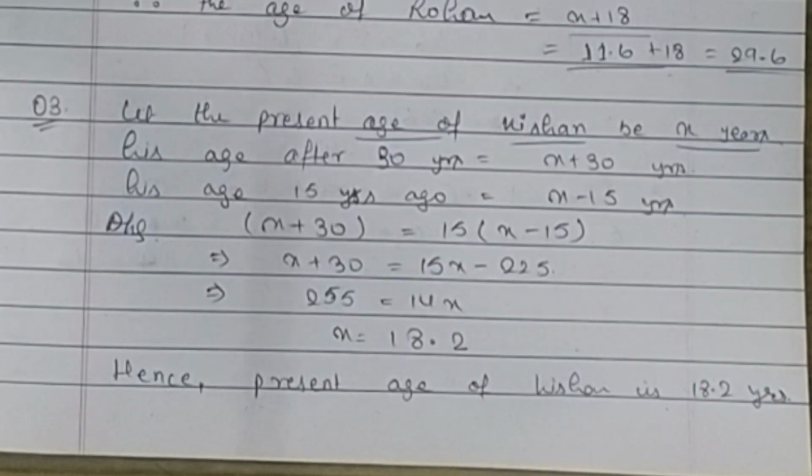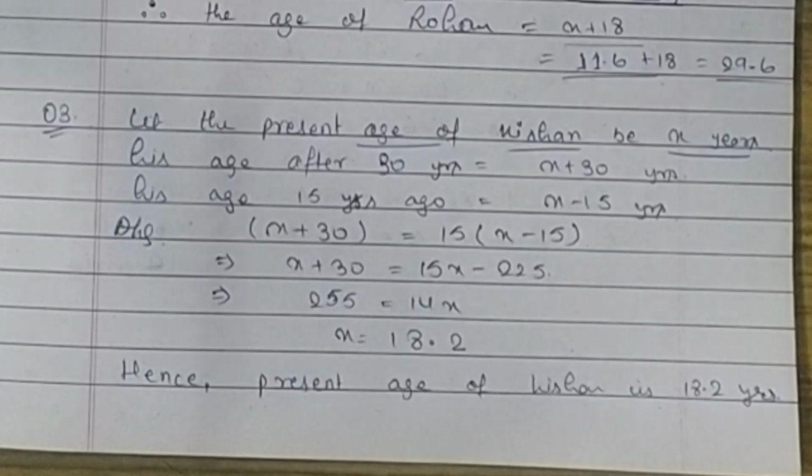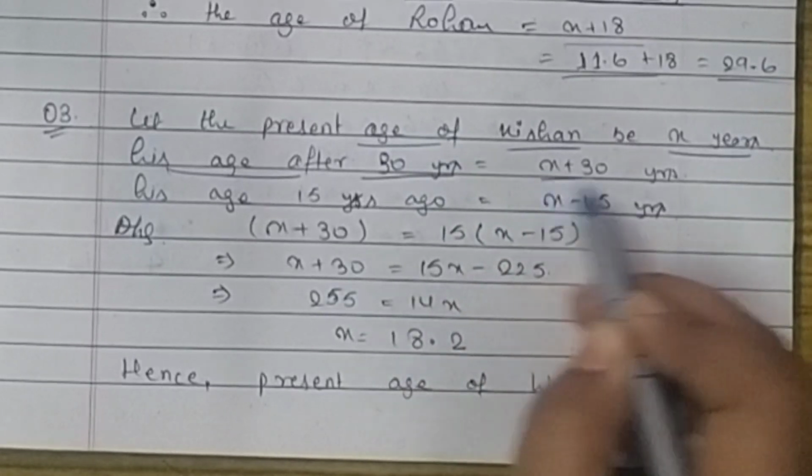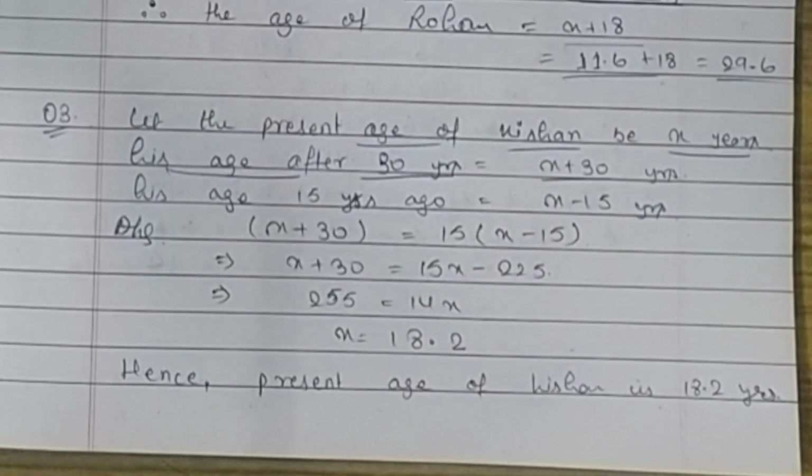Now the question is discussing the time 30 years hence. So basically in the first part, the question is discussing 30 years hence from now. By following this, we have assumed Kishan's age after 30 years will be x plus 30, because we have to add 30 years to his present age to get the age Kishan will be after 30 years.